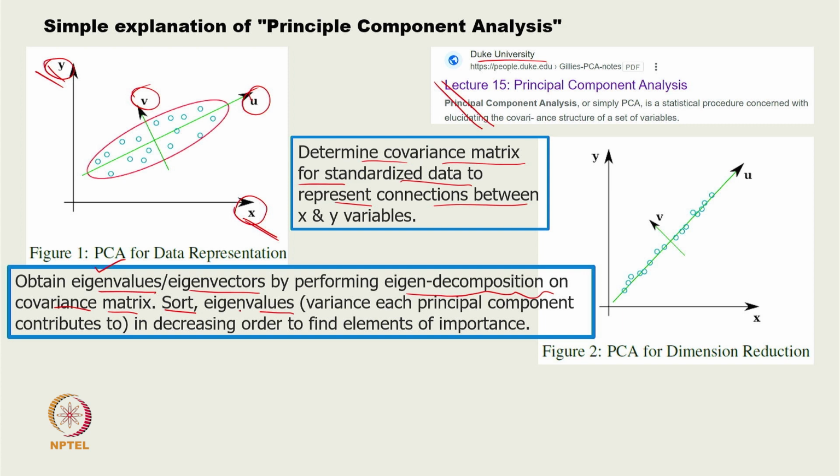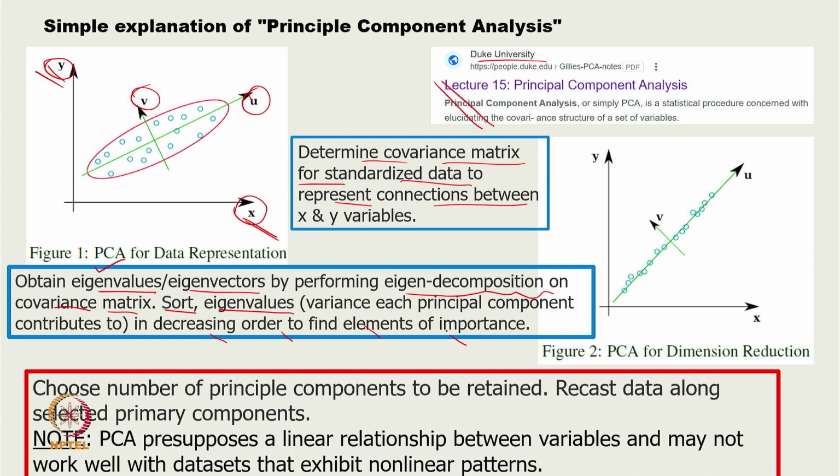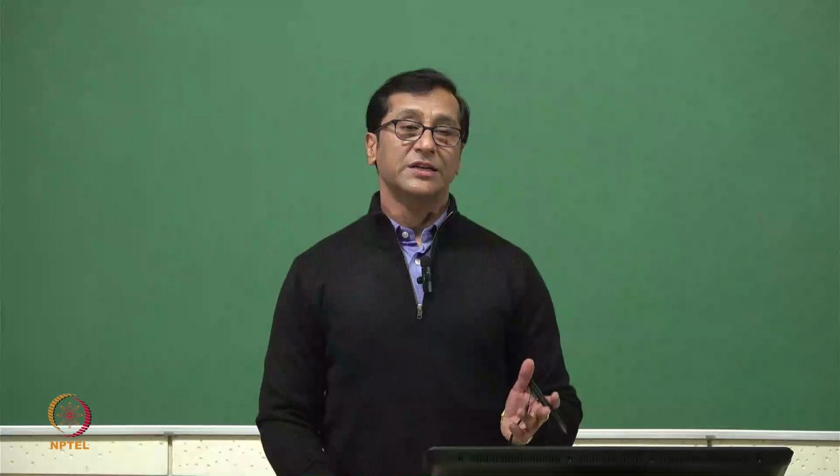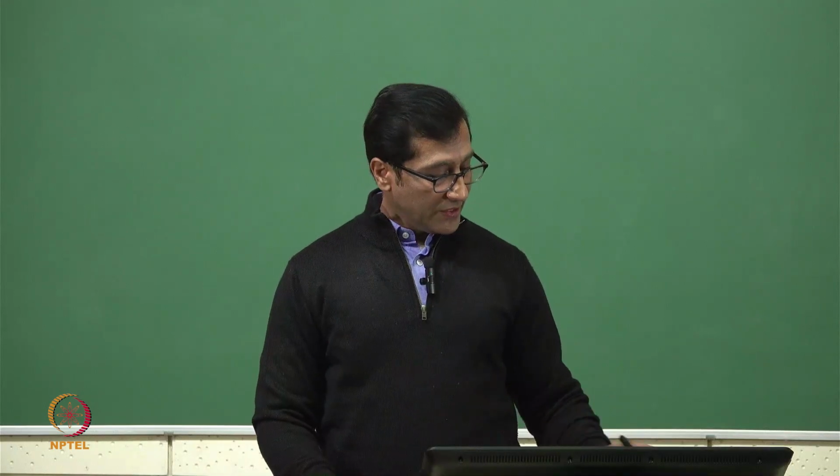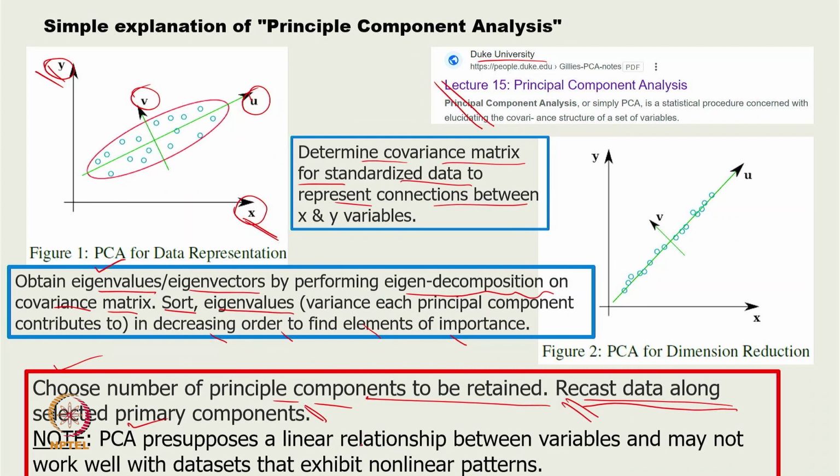We sort eigenvalues from top to bottom in decreasing order to find the order of importance. Then we choose the number of principal components to be retained and recast the data. This is what I mentioned in the previous slide. This is a very tough, difficult task: which variable means what, what kind of relation, what name should be given. Again, PCA is only applicable for linear relations and may not work for non-linear relations.